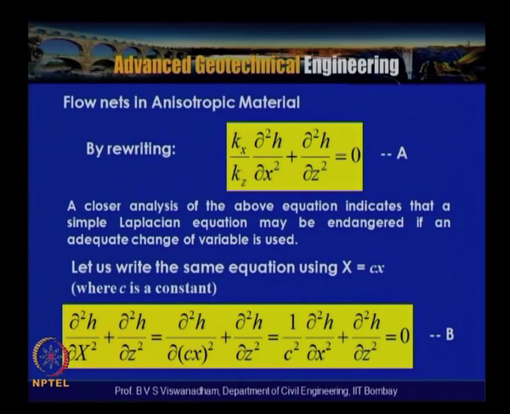We can write ∂²h/∂(Cx)² plus ∂²h/∂z². Simplifying, we get 1 by C squared ∂²h/∂x² plus ∂²h/∂z² is equal to 0. This is termed B.